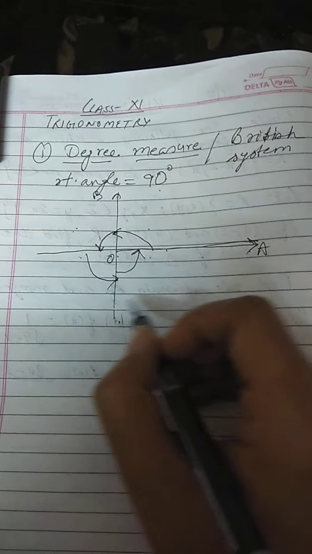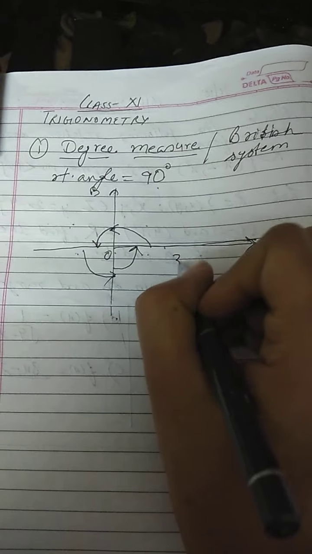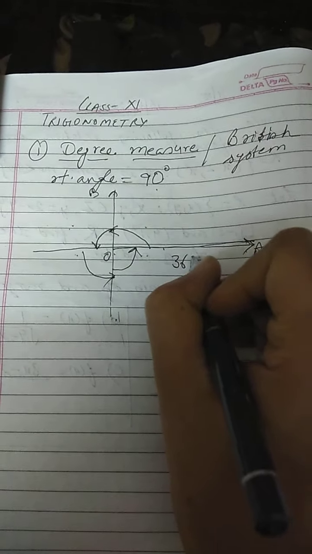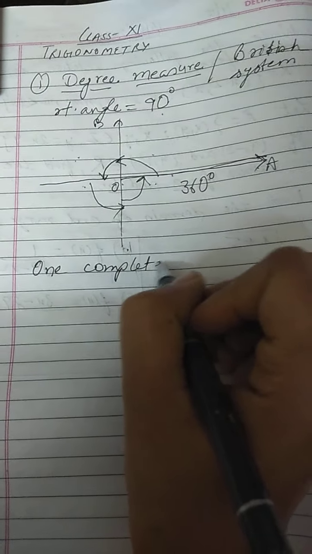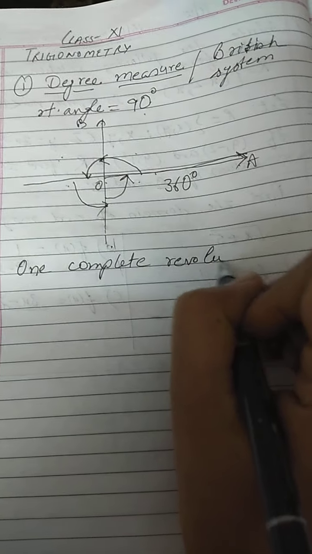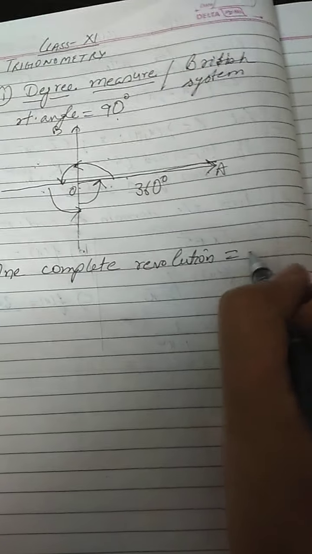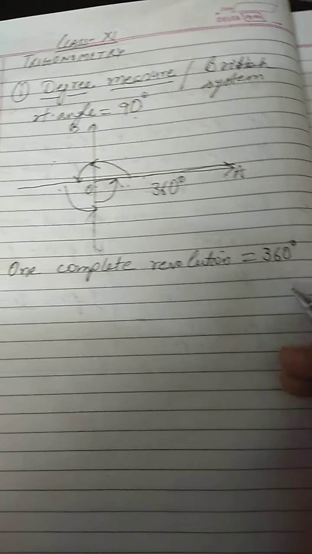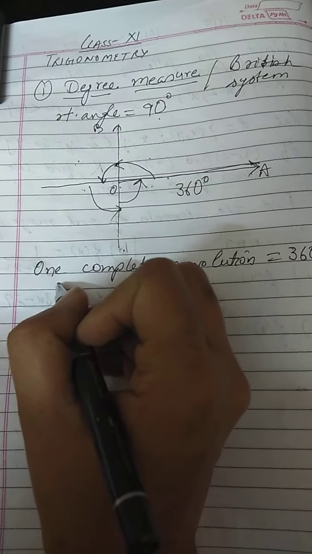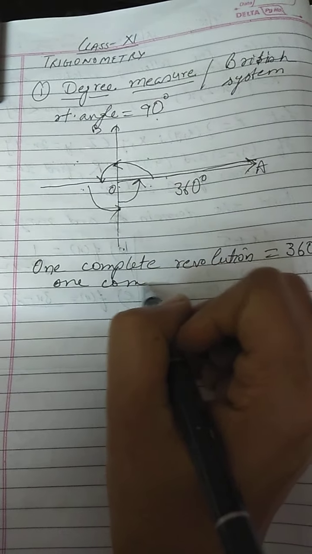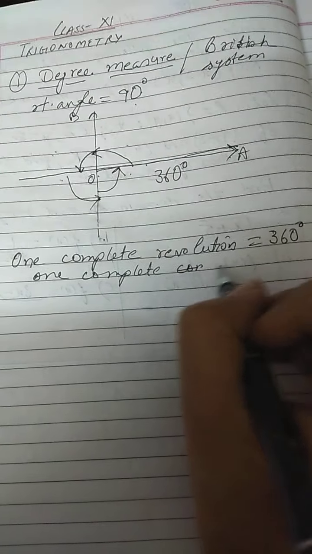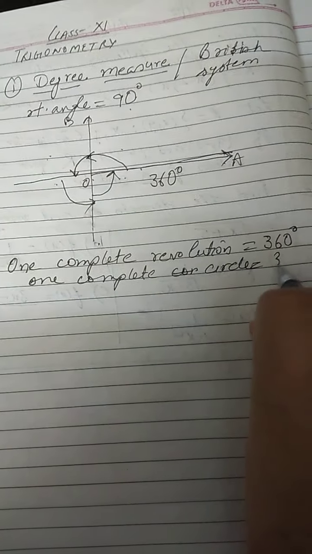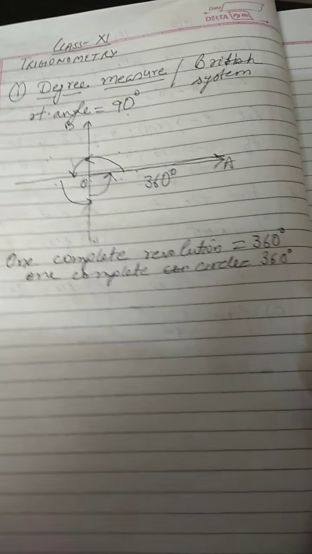That means one complete circle is equal to 360 degrees, right? So one complete revolution is equal to 360 degrees. We can also say the angle of a complete circle is equal to 360 degrees.